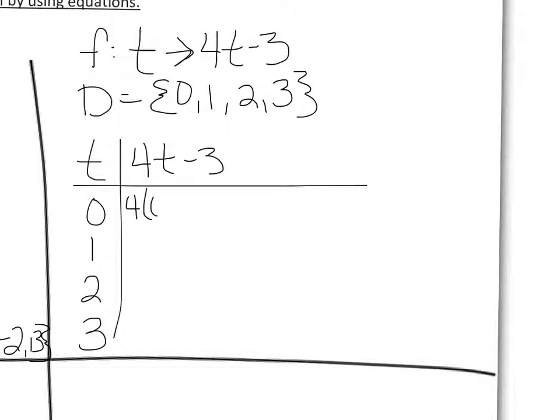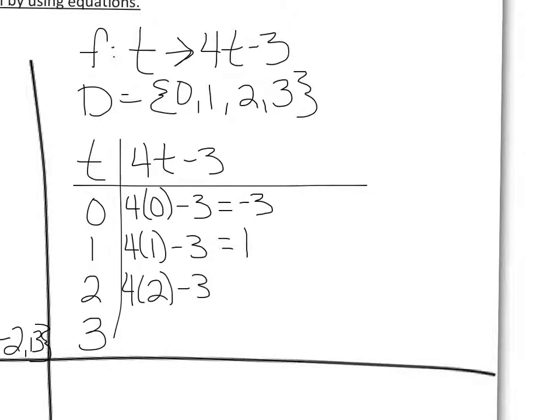And if I start with 0, 4 times 0 minus 3 gives me -3. When I plug in 1, 4 times 1 minus 3 gives me 1. And when I plug in 2, 4 times 2 minus 3 gives me 5. And finally, 4 times 3 minus 3 gives me 9.